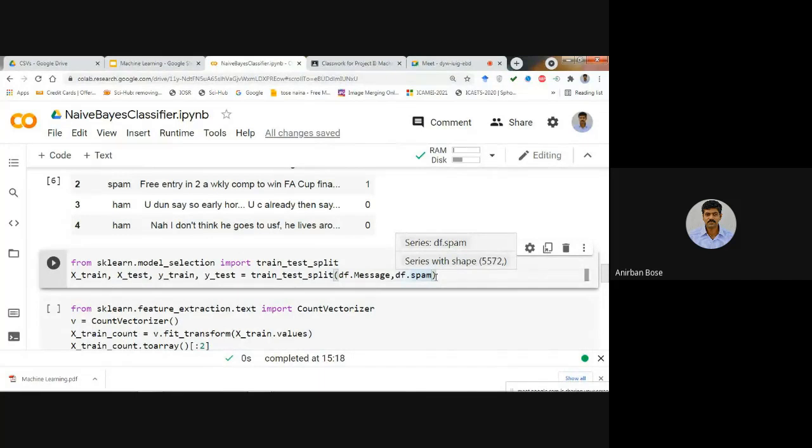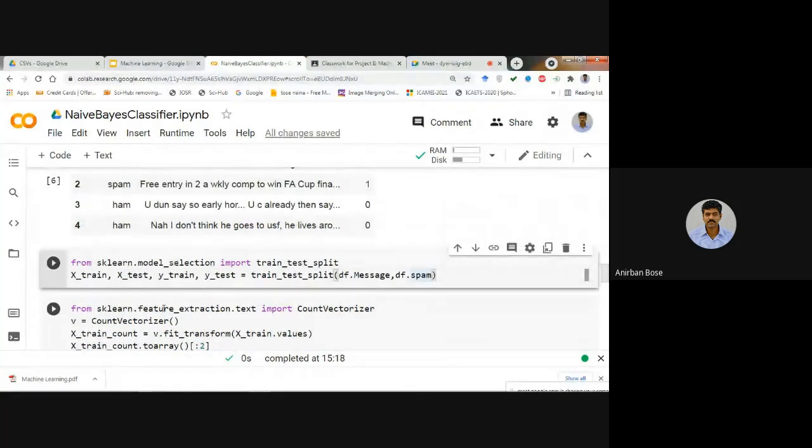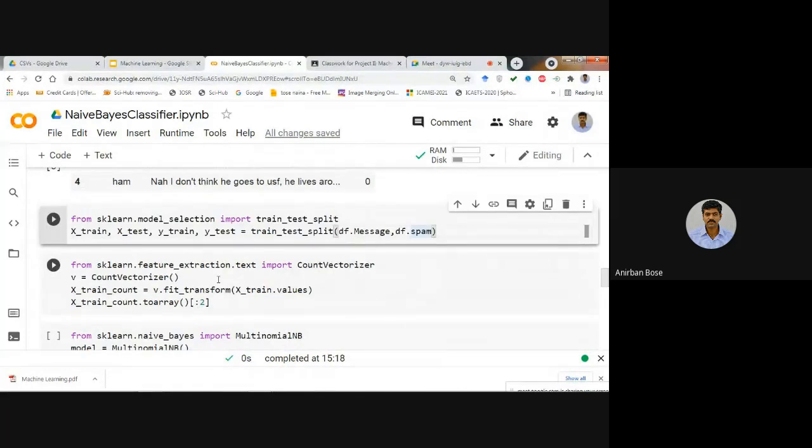Okay, now coming to this one, this particular code snippet is very important. So first of all, from sklearn.feature_extraction.text, you have to import CountVectorizer. CountVectorizer is actually doing that thing, counting the number of occurrences of that particular word.